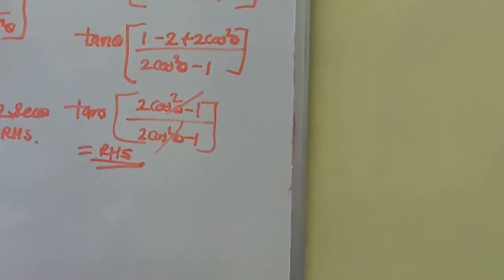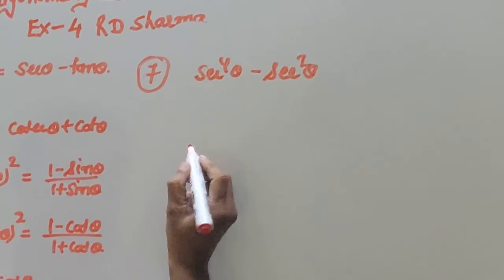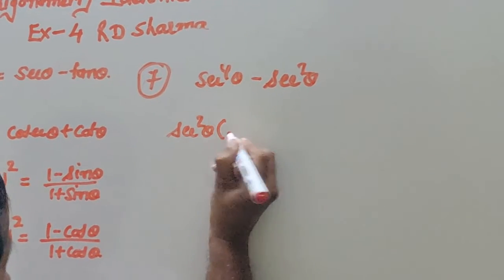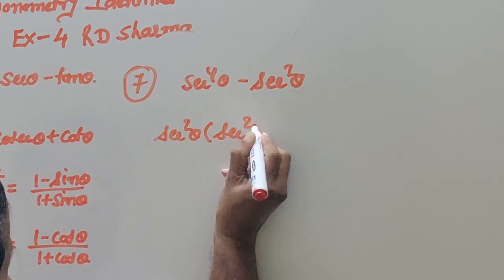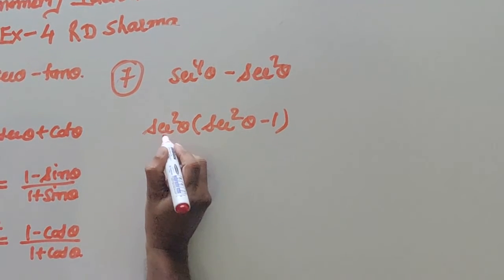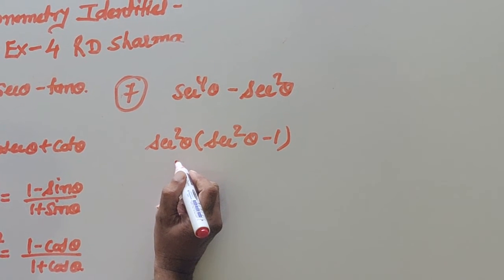This is also very important. Problem number 7: sec 4 theta minus sec square theta is given. From this I can take out sec square theta common. What will remain here? Sec square theta minus 1 will remain. Now what is the identity of sec square theta?